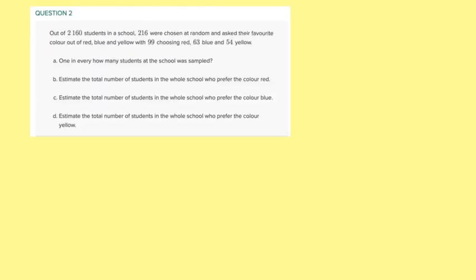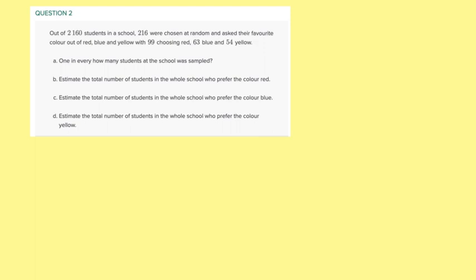Question 2. Out of 2,160 students in a school, 216 were chosen at random and asked their favourite colour out of red, blue and yellow, with 99 choosing red, 63 blue and 54 yellow.